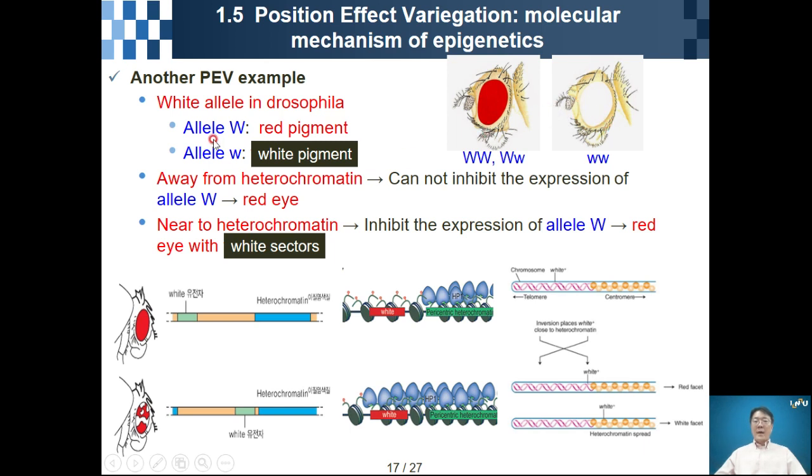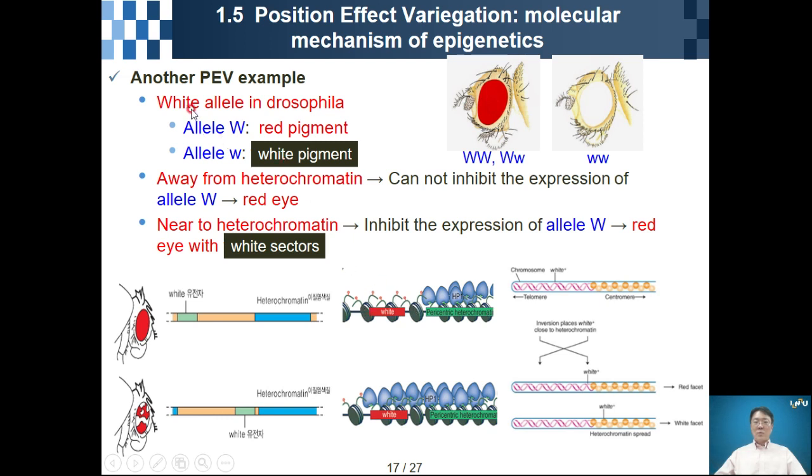So when the white gene is away from the heterochromatin, for example, this is heterochromatin. The white gene is located here. So this region is very condensed and this region is very relaxed.